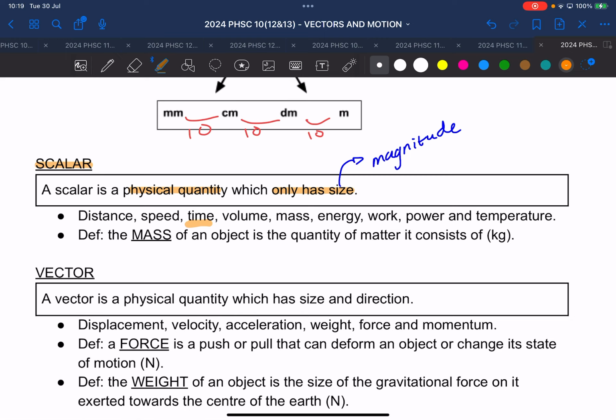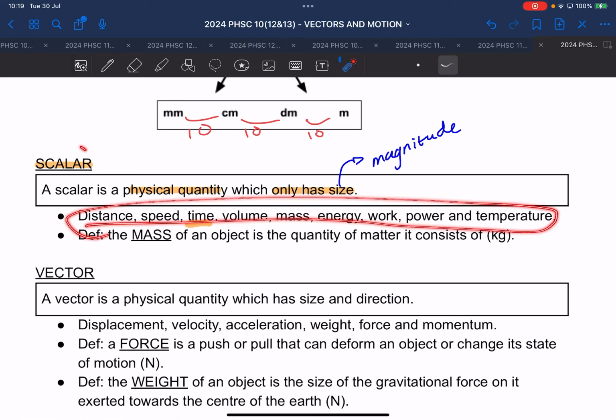The same with energy. Yes, you can lose energy, but you can't reverse energy. You either lose it or you gain it. So these things are all examples of scalar quantities, because they only have size.